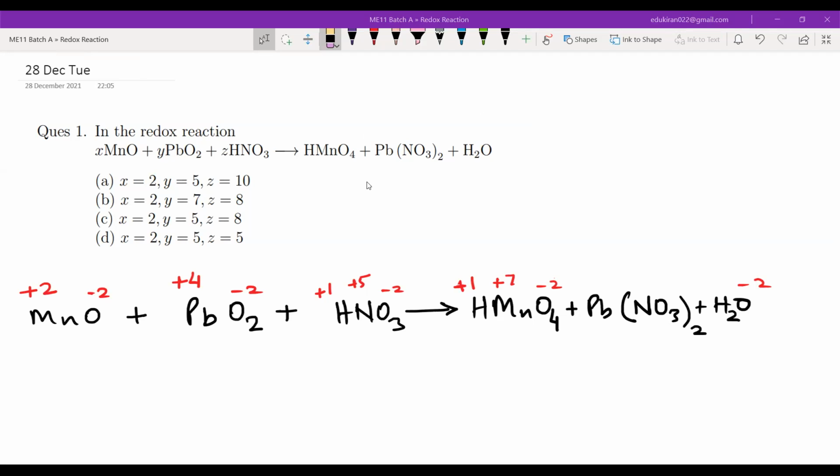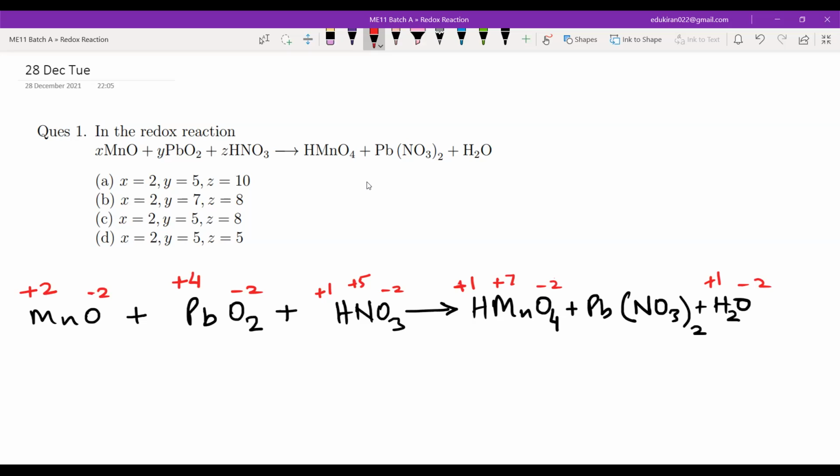You have this polyatomic ion, NO3. NO3 is 1 negative, yes or no? Yes. So if NO3 is 1 negative, there are 2 NO3s. So the total charge here will be 2 negative, because there are 2. Correct? So this will be +2 to balance it. Correct?